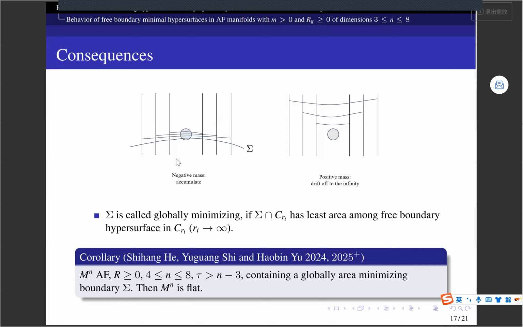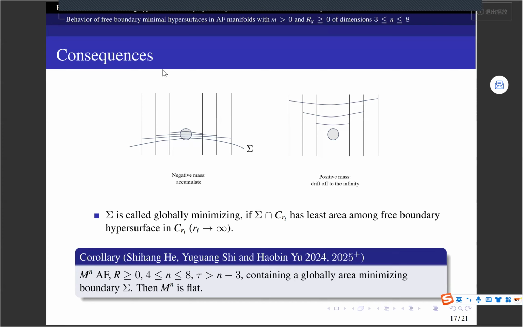Here I just want to say that when the mass is negative, then the solution of the free boundary minimal hypersurface can accumulate. If you assume M to be asymptotically Schwarzschild, then there exist two hyperplanes, maybe here a hyperplane and here a hyperplane.